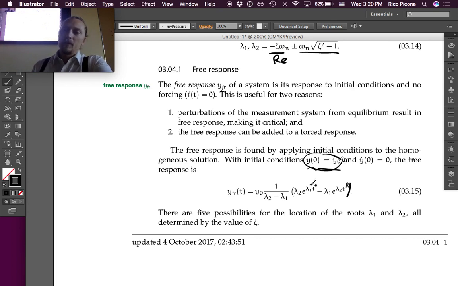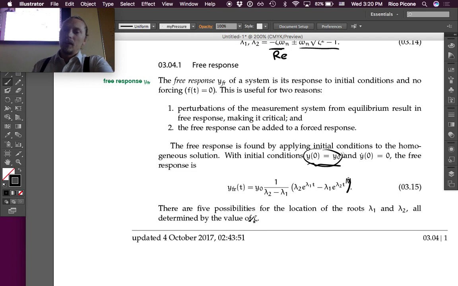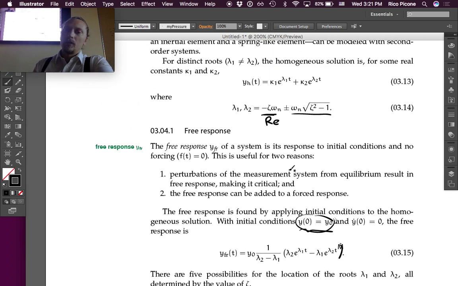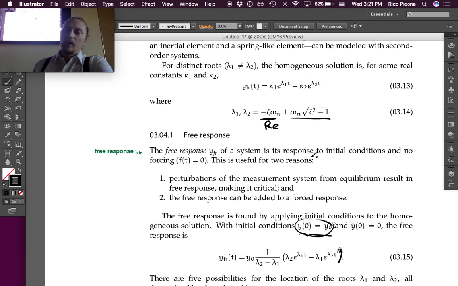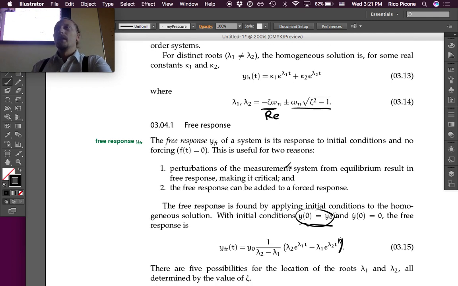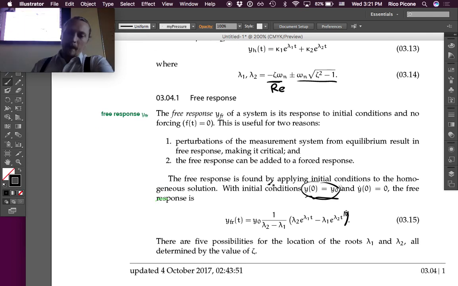All right. So if you have these initial conditions, the free response is found by essentially just applying that initial condition to the homogeneous solution right here and solving for what your kappas are. So we could all do that, but it's done for you here.